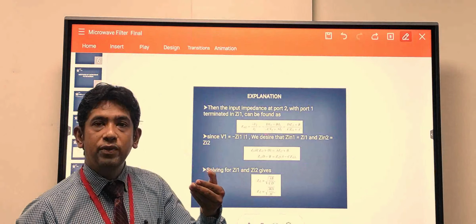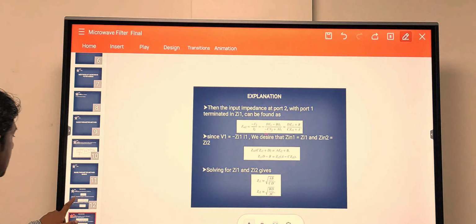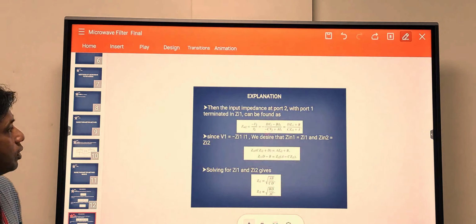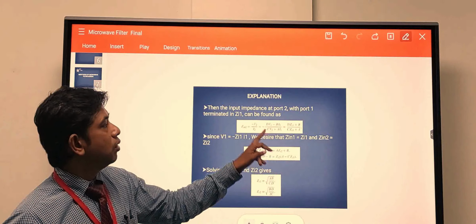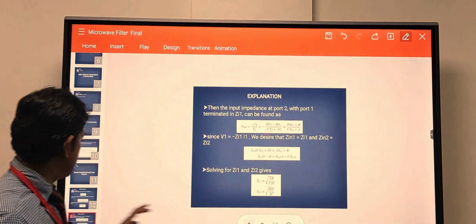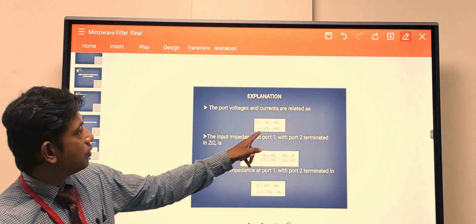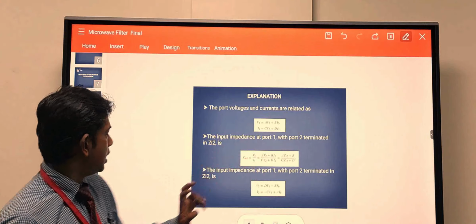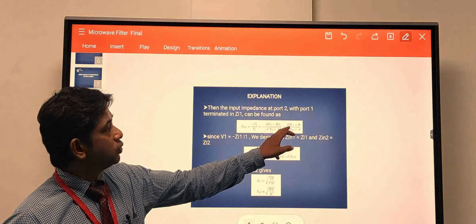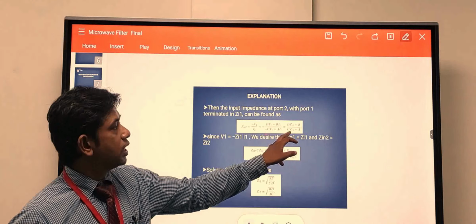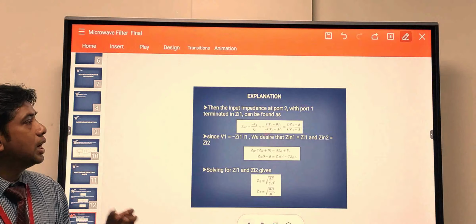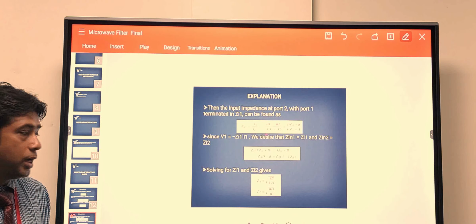This sounds familiar, right? Similar thing we did at the time of this portion. So here also we replace the values of V1 and accordingly we calculate using the same method, and found that it can be replaced as D into Zin plus B, whole divided by C into Zin plus A. So this gives us the entire formula up to this point.